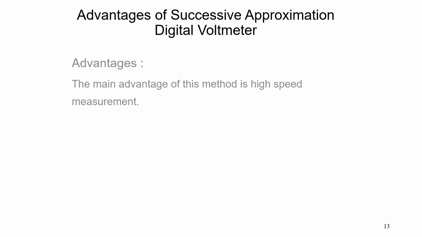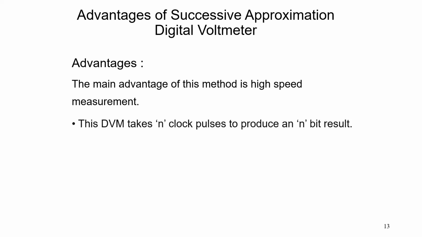If you see the advantages of the successive approximation type voltmeter, the main advantage of this method is high speed measurement. It takes n clock pulses to produce an n-bit result.